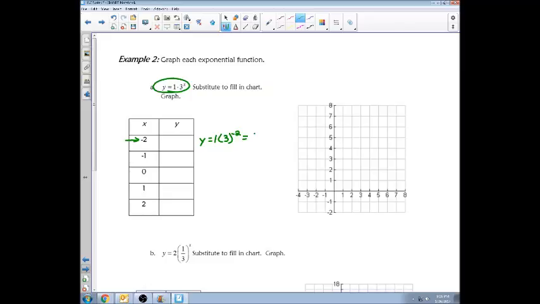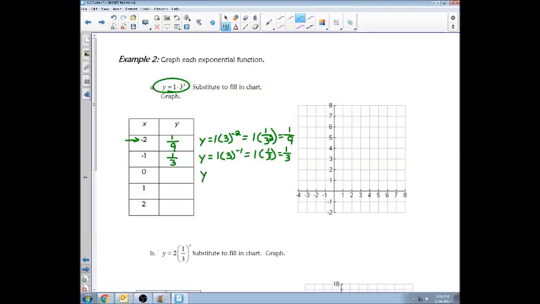I have 3 raised to a negative, so it would be 1 over 3. My number turns to 2, which means I have 1 over 9. Okay? For -1, it would be y equals 1 times 3 to the -1st, which is 1 times 1/3, which again is 1/3.